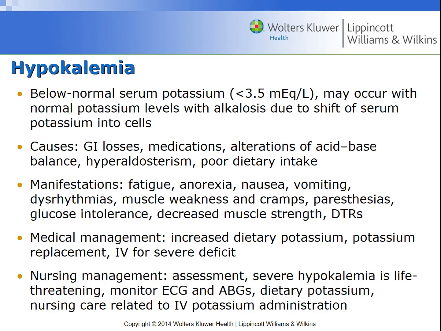So again, if you're actually not having enough potassium, you could have dysrhythmias because that muscle isn't pumping well enough. The weakness and the cramps and the paresthesia is because of the fact that you have not enough. That's why if you have patients or if you know people who have a lot of leg cramps, most likely it's because their potassium is not high enough.